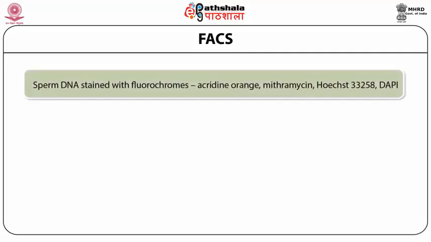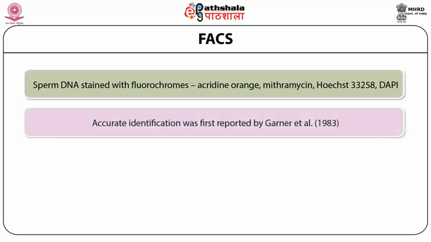So when these sperms are stained with fluorochromes, for example acridine orange, mithramycin, Hoechst 33258, or DAPI, these stains will stain the nucleus, the chromatin material. If the DNA content is more, like in X sperm, it will be stained more intensely as compared to Y sperm. Accurate identification was first reported by Garner et al. in 1983 by using the FACS technique.